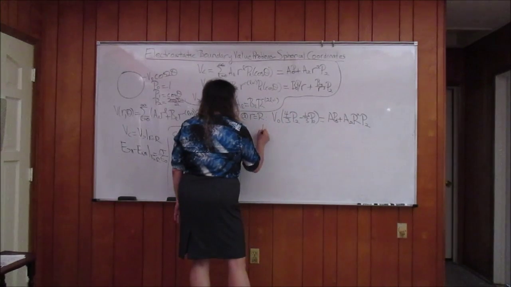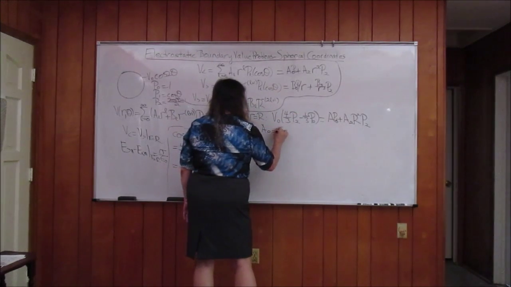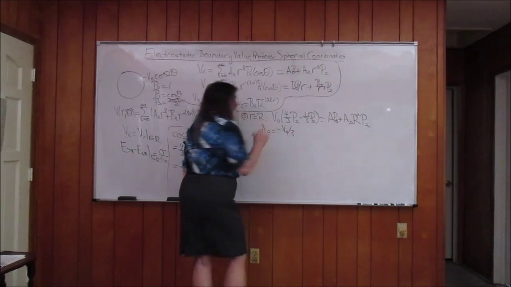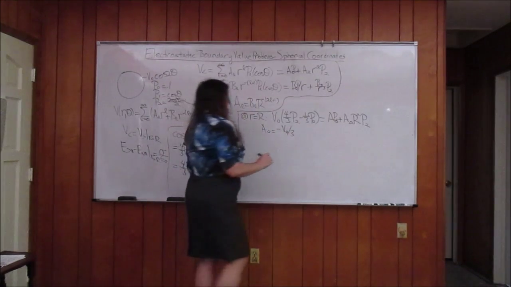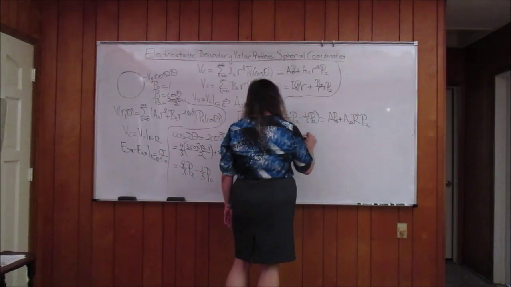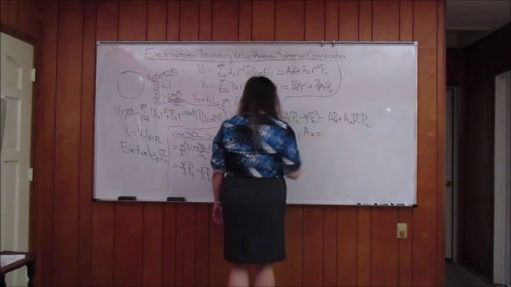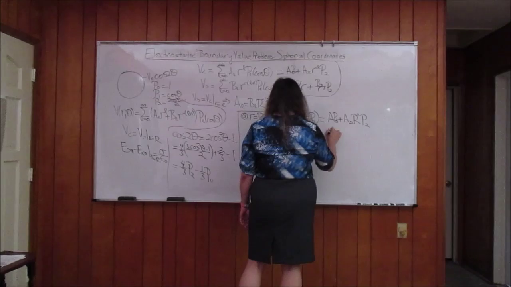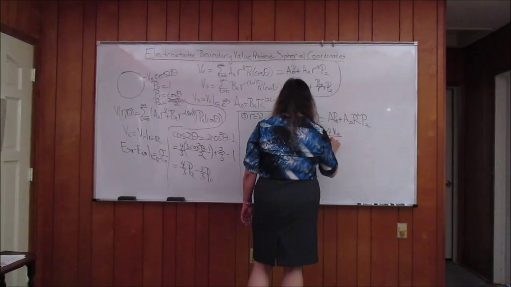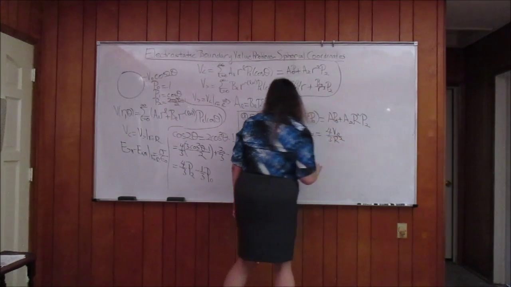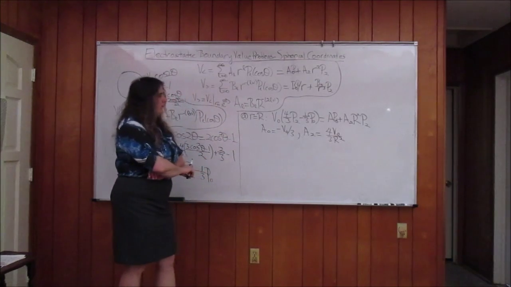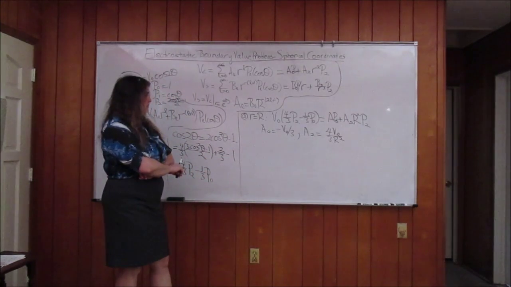So in other words, A naught is equal to minus V naught over 3, and A2 is equal to 4/3 V naught over R squared.